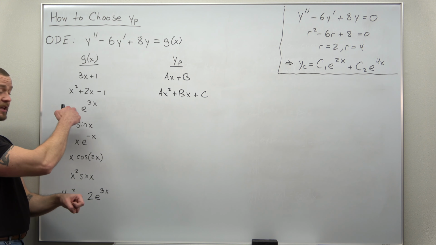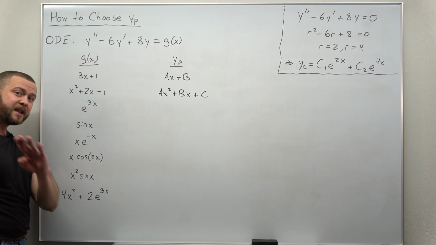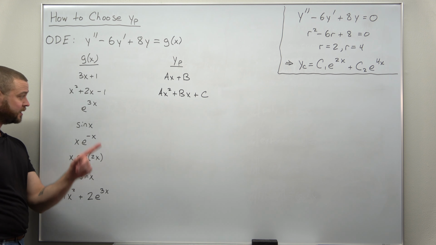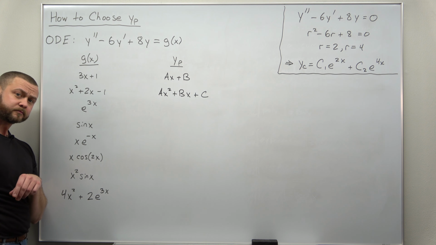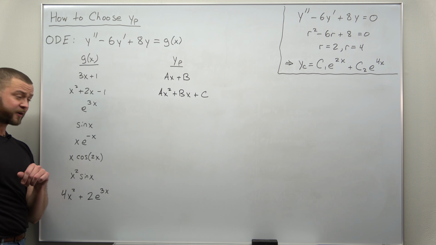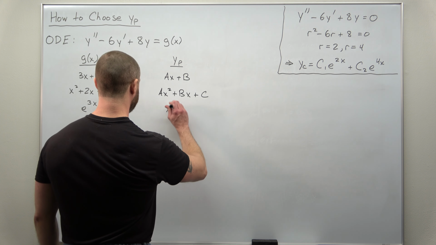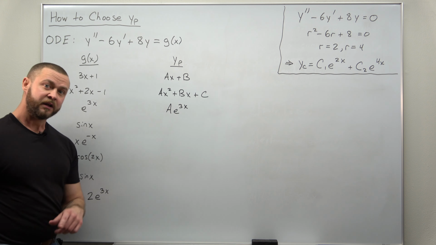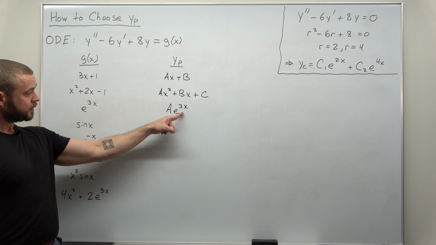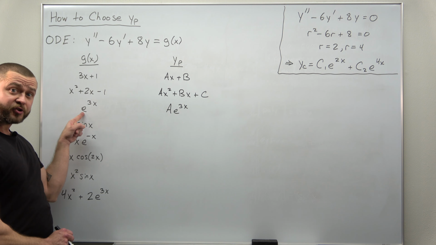The chain rule is going to give you factors of 3 in front, but the chain rule will never change the exponent. You'll always have e to the 3x. The general version here is we just have a constant in front, a times e to the 3x. And again, due to the chain rule, the exponential function should be the same type of exponential function here.